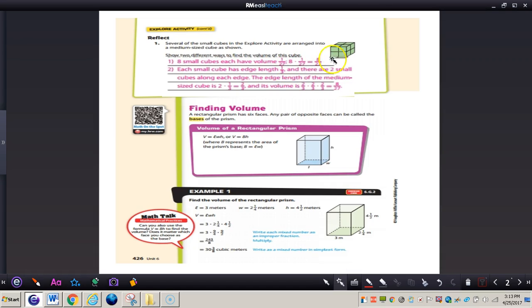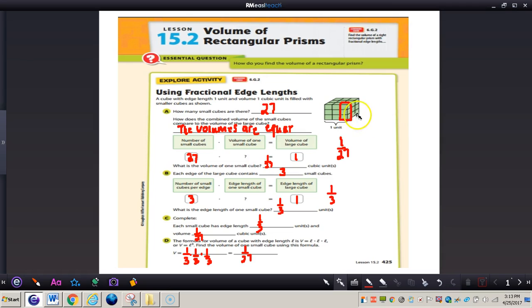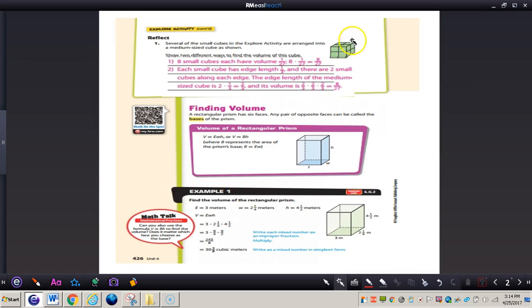So we can take these 8 cubes and multiply that by 1/27. So this cube represents 8/27 of the total unit that we can see on page 425. Why 8/27? Because there are 8 cubes in this smaller cube and 27 total from the larger cube.